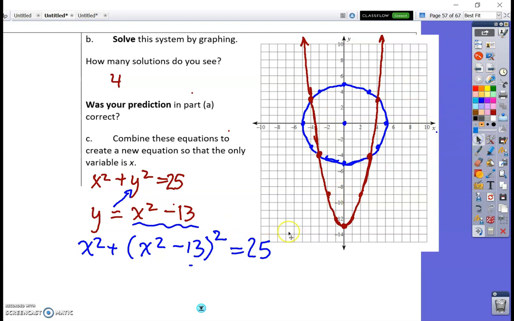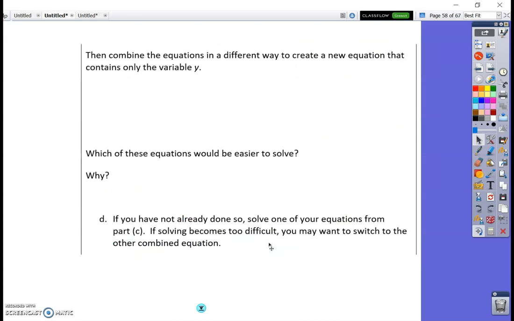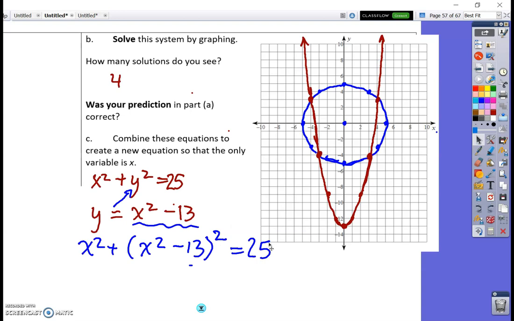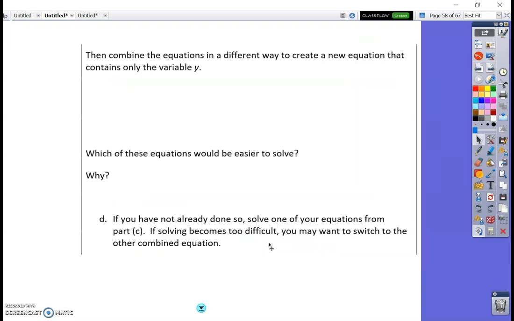And I have a feeling I'll need it, so I'm going to just grab it. See how much I actually grabbed there. And combine them in a different way, so the only variable is y. So when I go to combine them for y, x squared plus y squared equals 25.